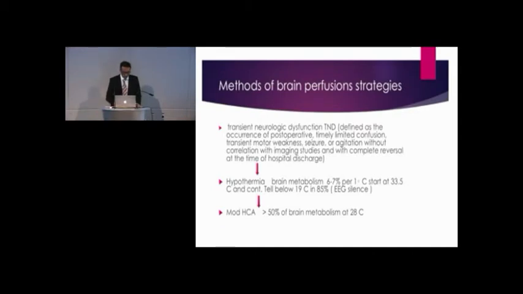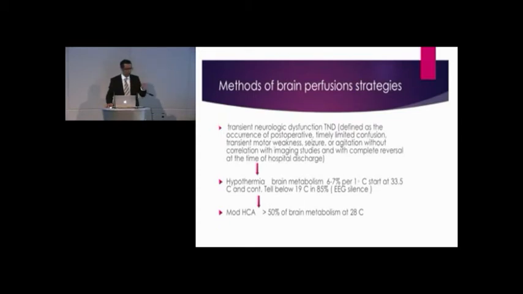So Nicole talked about hypothermia and how hypothermia can protect the brain. For each 1 degree decrease in temperature, the brain will decrease its metabolism by 6 to 7%. But that has a limitation.